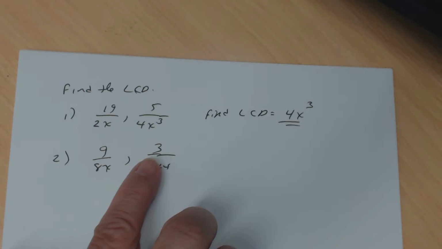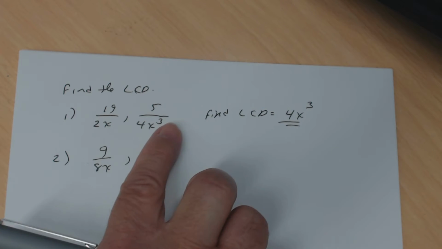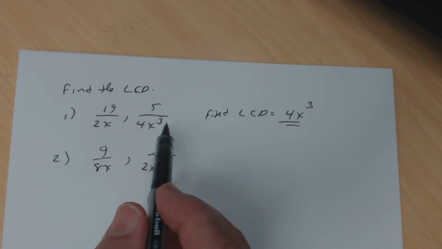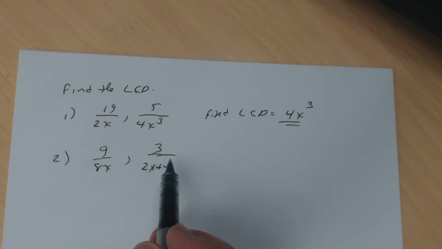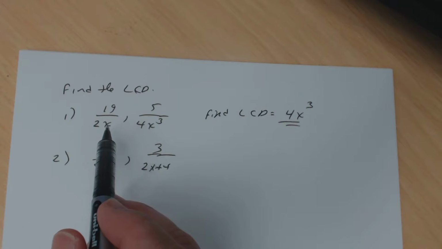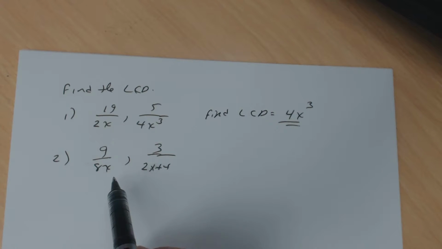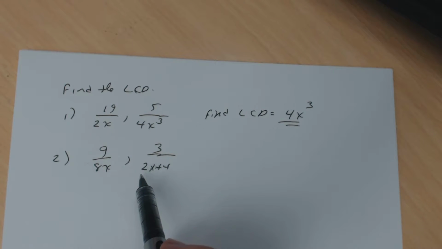This is a monomial. This is a binomial. Now, these are all polynomials, and I'm talking about the denominator. A polynomial is where you have one or more monomials.